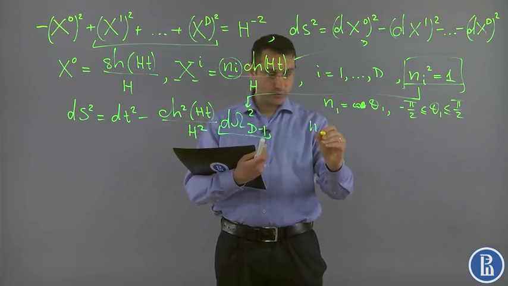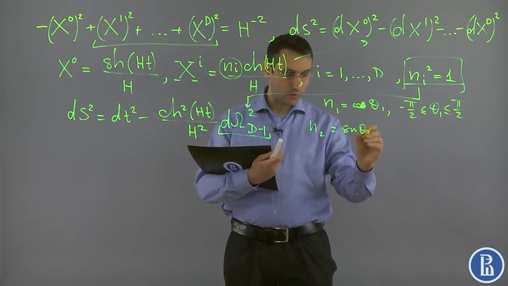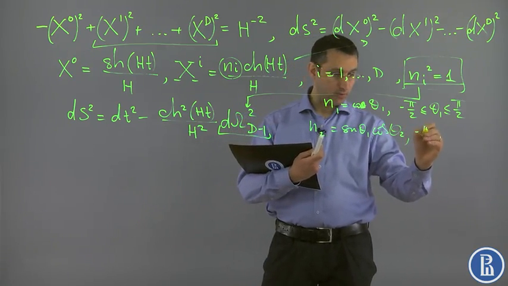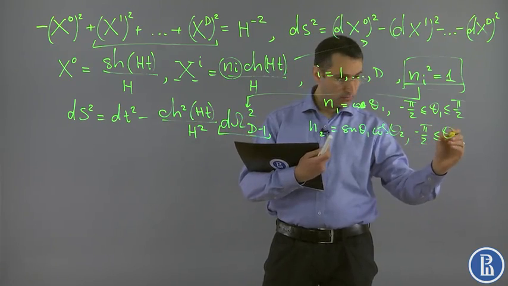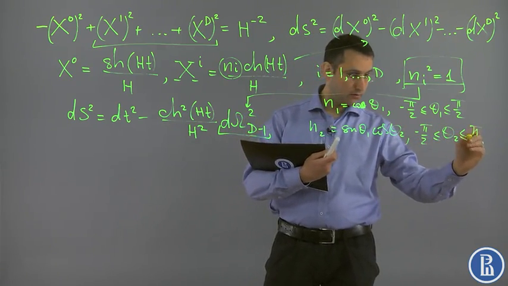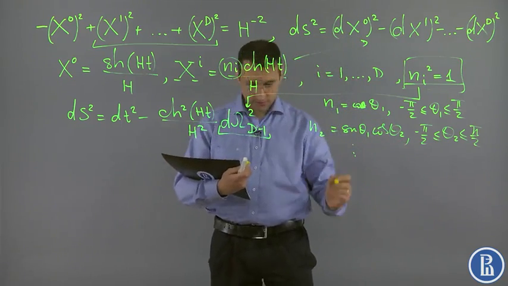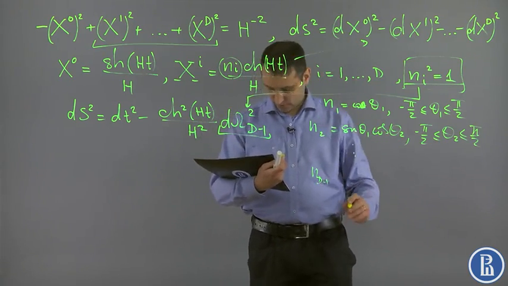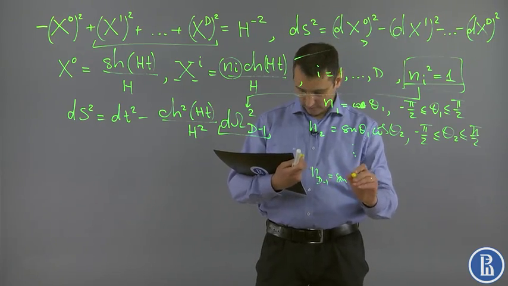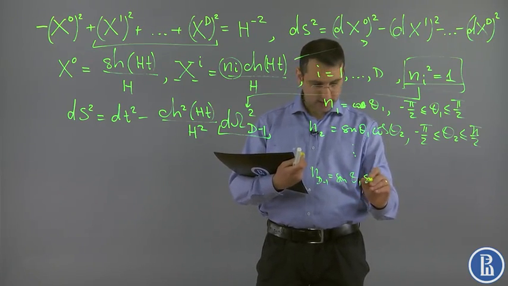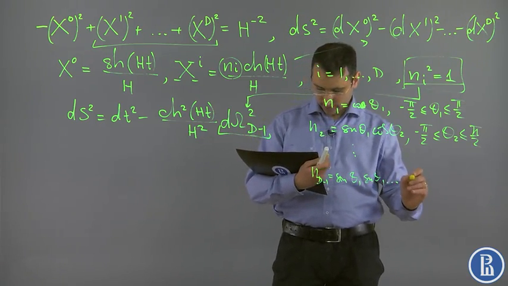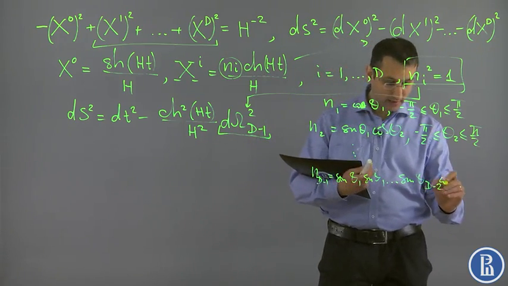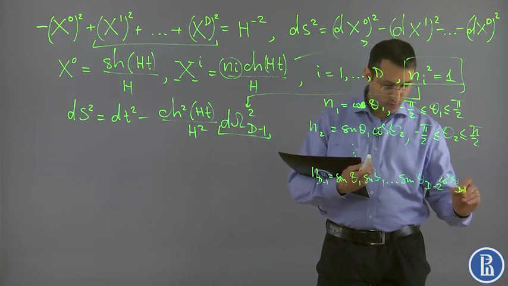Then n2 equal to sine theta 1 times cosine theta 2, and so forth, up to n d minus 1, which is sine theta 1, sine theta 2, ... sine theta d minus 2 times cosine of theta d minus 1.